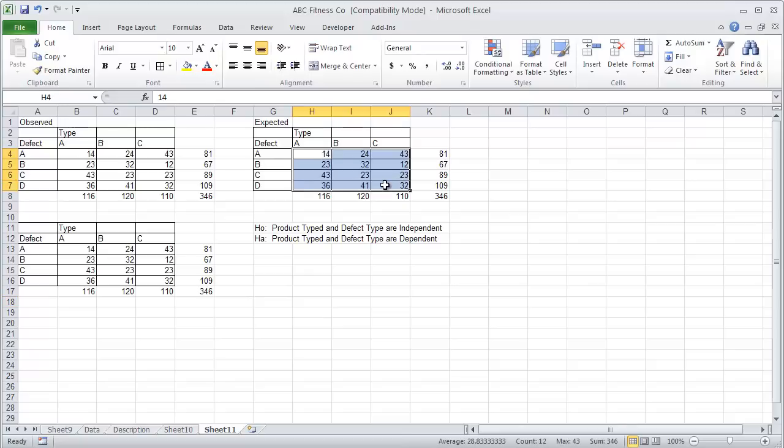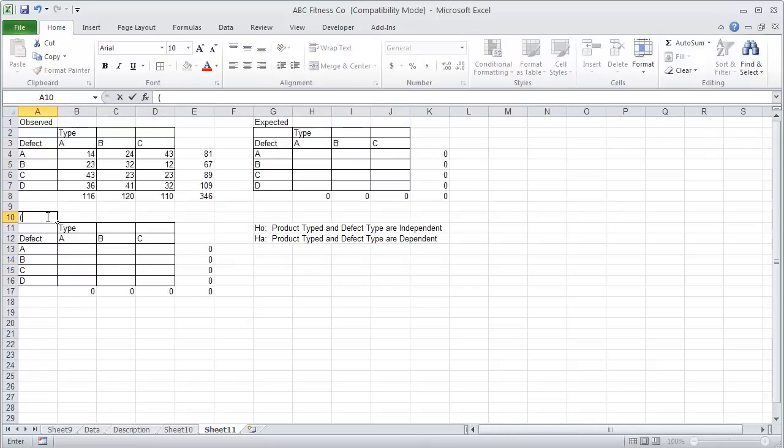So we have observed, we have expected, so we're going to have to figure this one out. Let's go ahead and take those out. So this one's going to be your observed minus expected squared divided by expected. So on this one, I have product type A, so I want to do the total of A divided by the overall total.